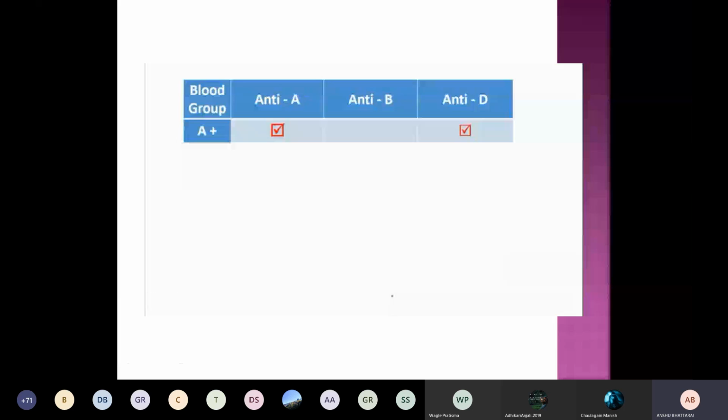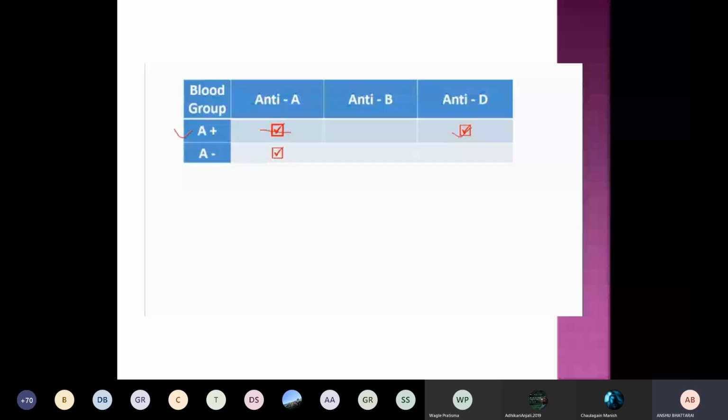This table is most important to find out our result. That means which blood group is present when different types of agglutination occur in the three types of antisera. In persons having A positive blood group, you will find agglutination in antisera A solution as well as antisera D solution.